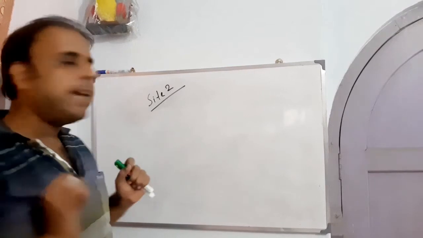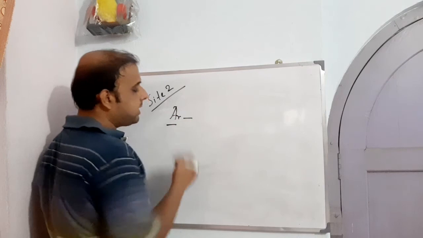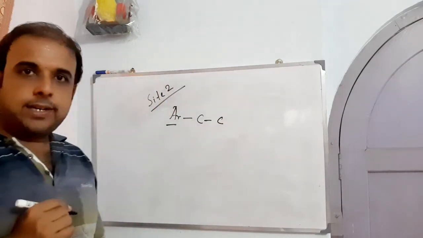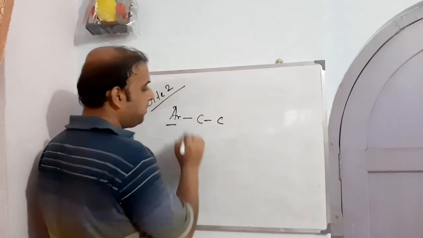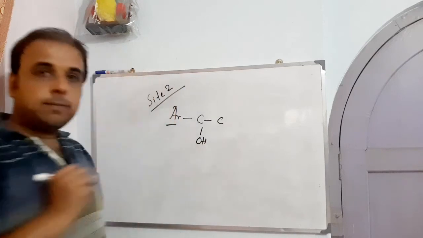So we are done with site 1. Next, site 2. Site 2 means we have an aryl, to this aryl an aliphatic chain is attached, and to that aliphatic chain, at this location, we have a hydroxyl, right?